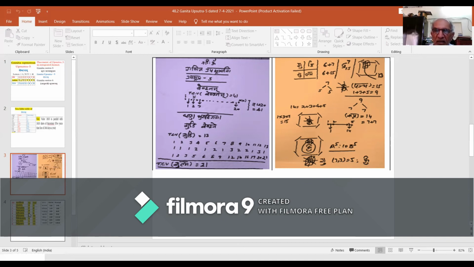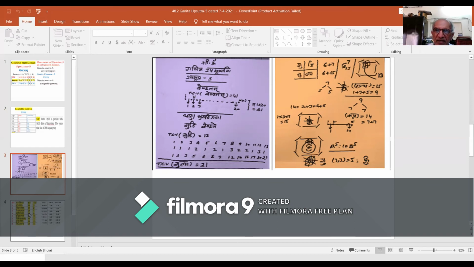The mathematical domain of Ganita Upsutra 5 is the mathematical domain of disease treatment of Ayurveda in chapter 5, Chikitsa Sthan of Charak Samhita.